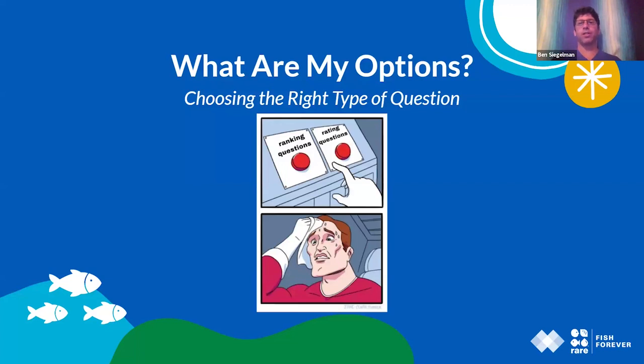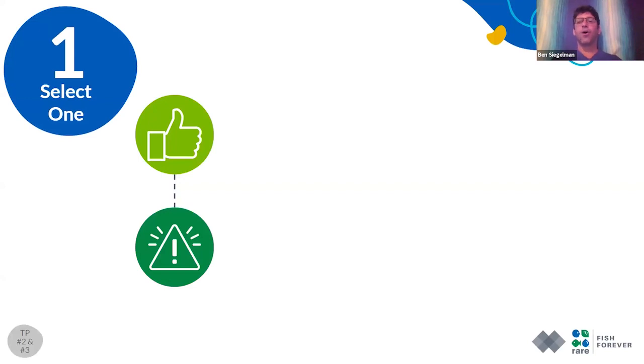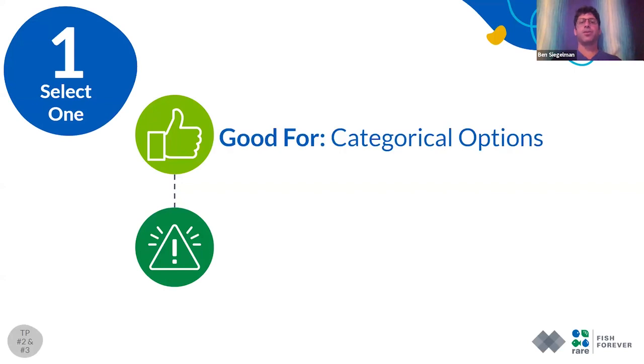Okay, so what are we actually going to ask people? What types of questions can we ask? I'm going to give you not all the possibilities, but some of the common ones. The first is select one, often called a multiple choice question. This is your standard multiple choice. People are given a list of options and they choose one. And these are great for categorical options.